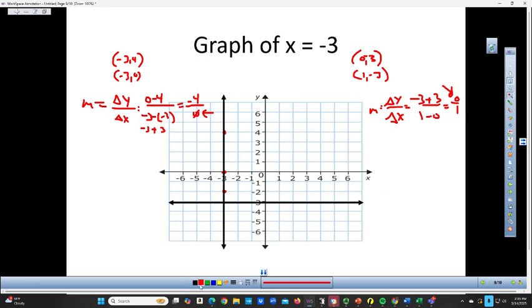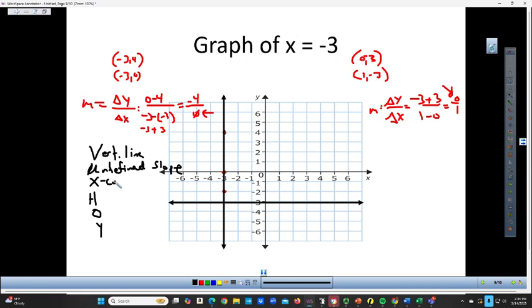So again, vertical lines, undefined slope; horizontal lines, slope of 0. And there's an acronym that I always say to myself to remember this, and that's just VUX HOI. VUX: vertical line, undefined slope, x is constant.